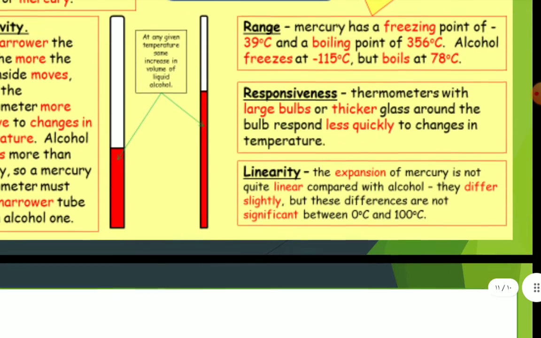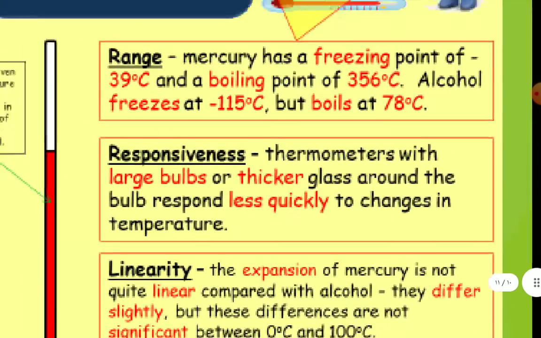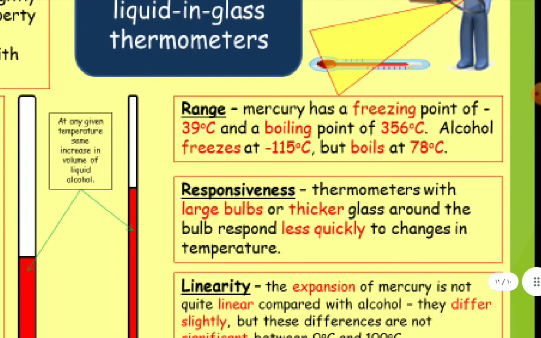Here we have range, responsiveness, and linearity. The range: mercury has a freezing point of minus 39 Celsius and a boiling point of 356 Celsius. Alcohol freezes at minus 115 Celsius but boils at 78 Celsius.